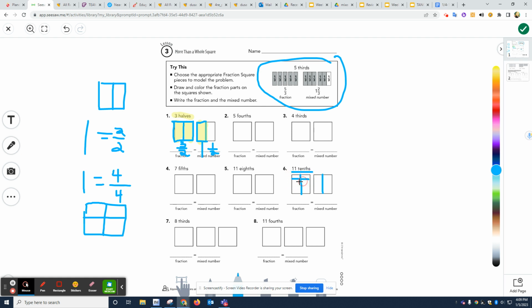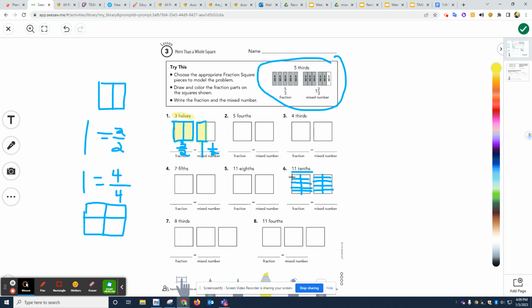So 1, 2, 3, 4. You want to try to get as even as you can. I know it might be challenging to get even. 1, 2, 3, 4.